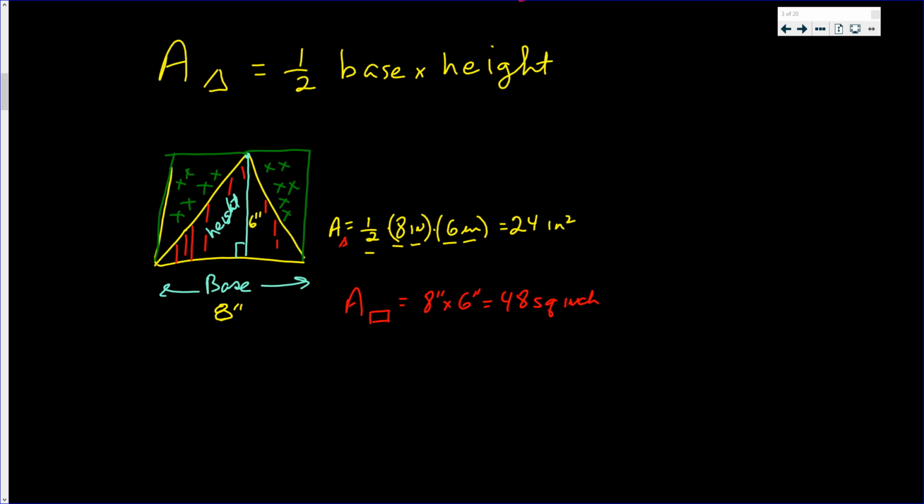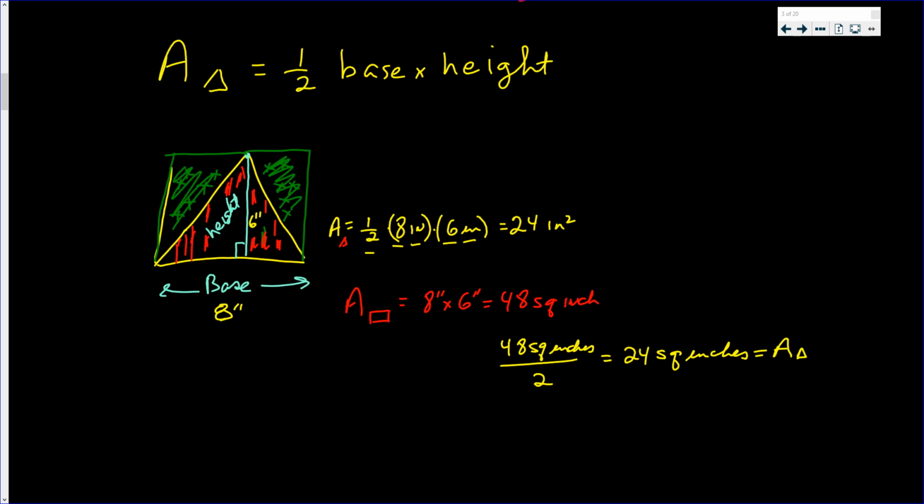Now, if you take the 48 square inches and divide it by 2, you will get 24 square inches. And when you divide it by 2, you should get the area of the triangle, because I said that this area is equal to the area in red, the area inside this triangle.